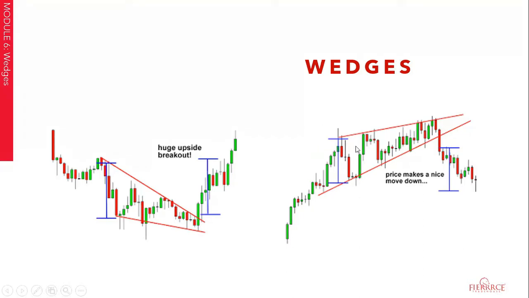This resistance is not a straight horizontal line with relatively equal highs. We have higher highs being formed, so it's forcing the wedge to form in an upward trend like this. When you see this kind of wedge pattern, then you anticipate price is going to move downwards.